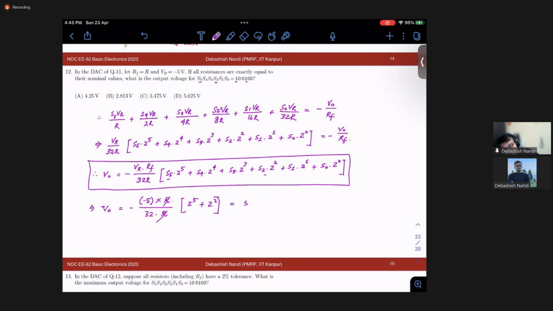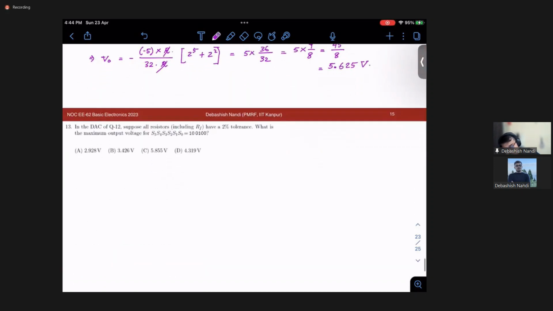So 5 into 36 by 32. It is 5 into 9 by 8. That is 45 by 8, 5.625 volt. Okay. So D would be my right answer. Again, moving on to the next problem.